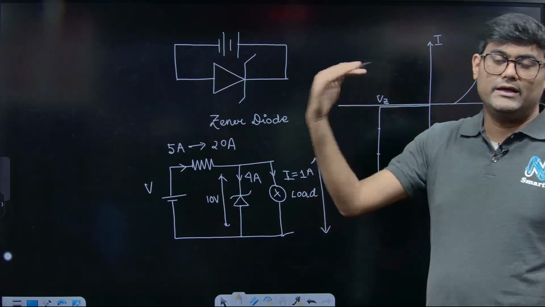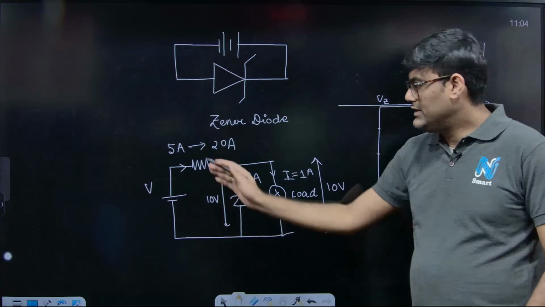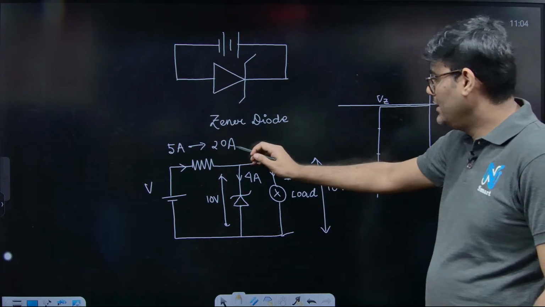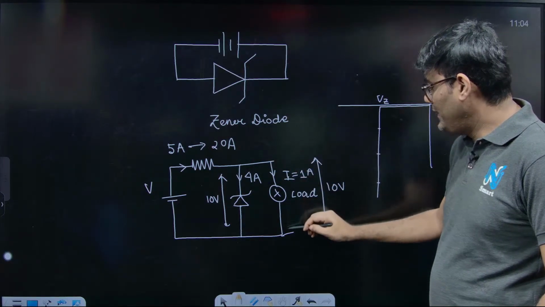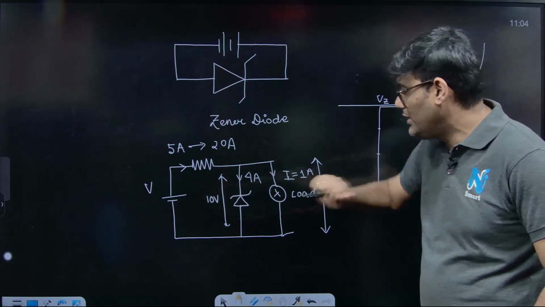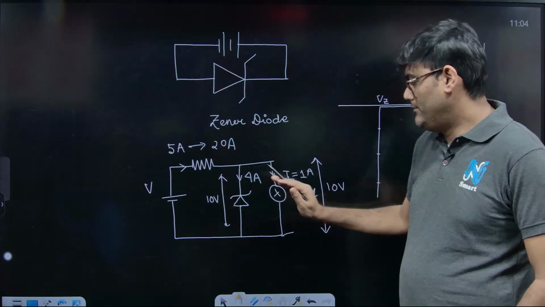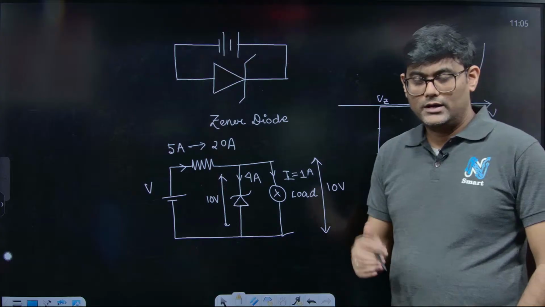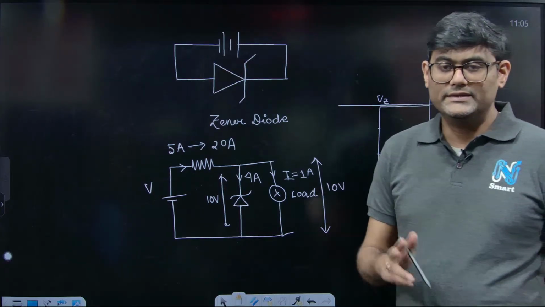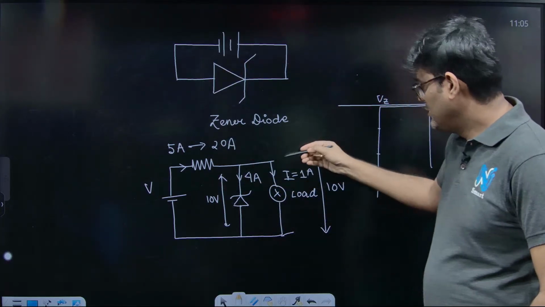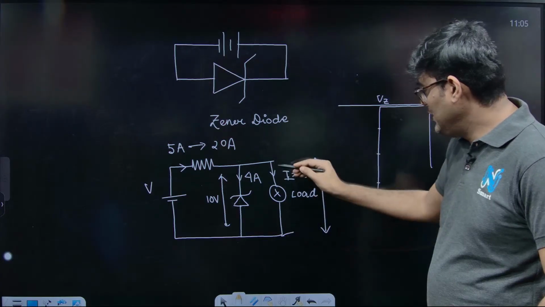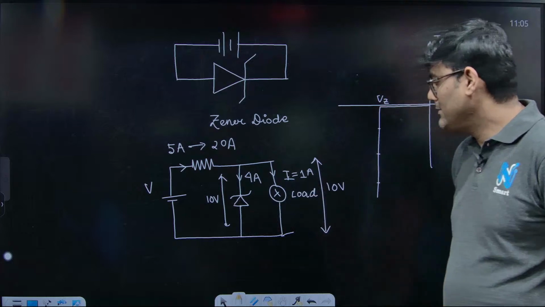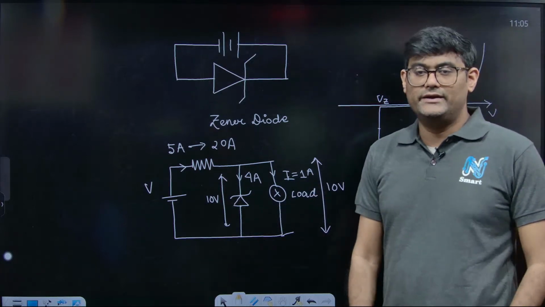So the current increased here from 5 ampere to 20 ampere and this increment in the current will also be reflected in the load if you do not imagine this cut, and this increment of this current will also increase the load current if we do not have this Zener diode placed here. But what is the advantage of this Zener diode?